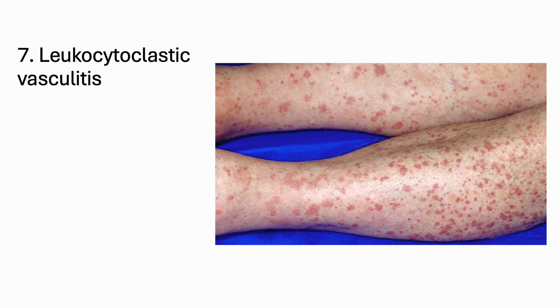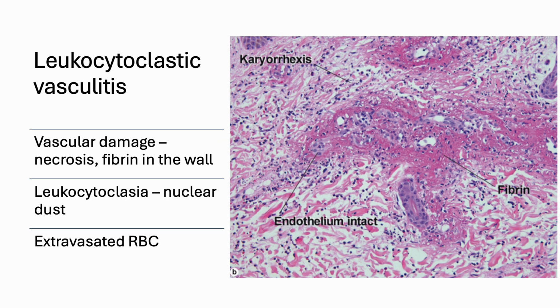So let's talk about category number 7 in today's lecture, which is the leukocytoclastic vasculitis. As the picture shown here, in the patient's lower legs, there are multiple purpuras. And histologically, you can see there is significant vascular damage. And the features of vascular damage include the fibrin deposit in the vascular wall.